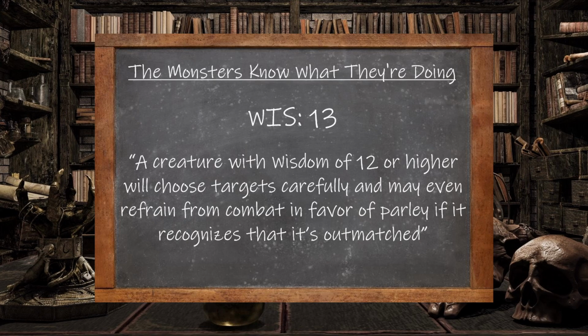As ambush predators, Ankhegs have enough sense to know when to strike and when not to, but their lack of language means parleying with them is nearly impossible. Instead, Ankhegs may choose to run from a fight that gets a little too tough for them, or not engage at all if their tremor sense picks up a big group traveling above them.